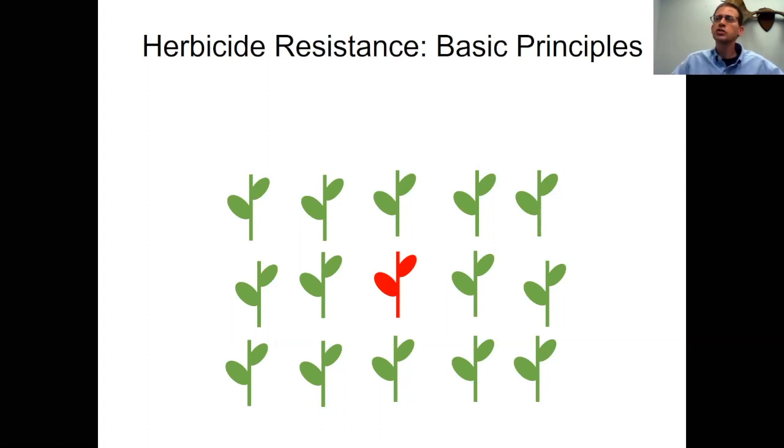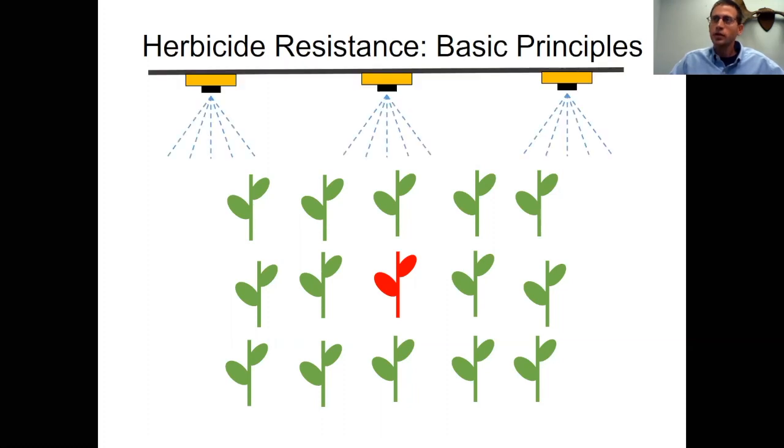But these individuals usually occur at very low frequencies. What we do when we spray the same herbicide over and over again is apply what is referred to as a selection pressure. And if we use the same herbicides over and over, then eventually we're going to see more resistant biotypes.